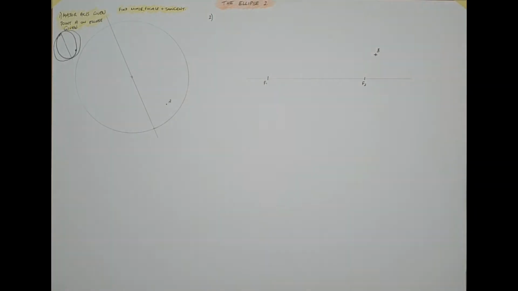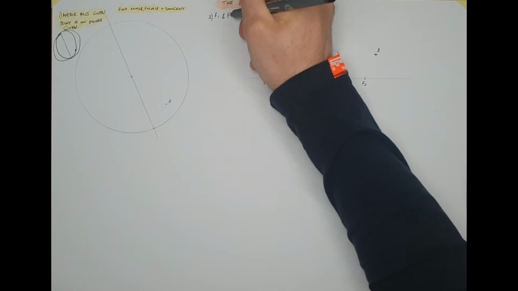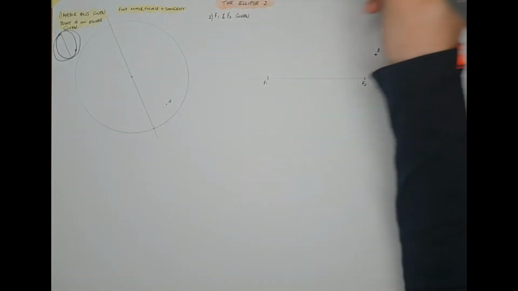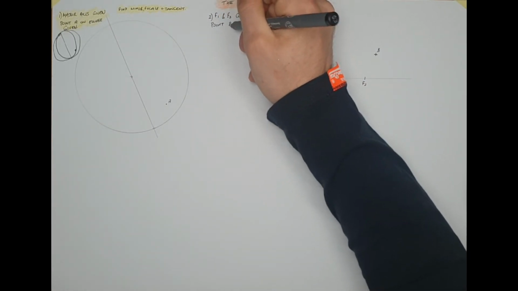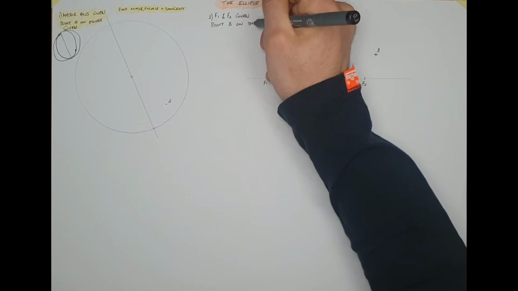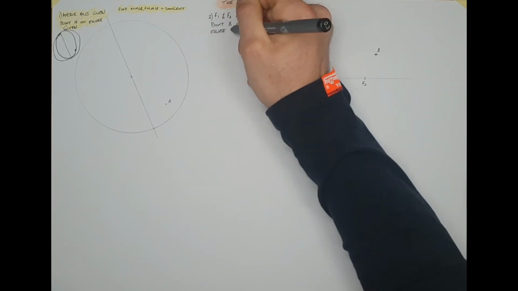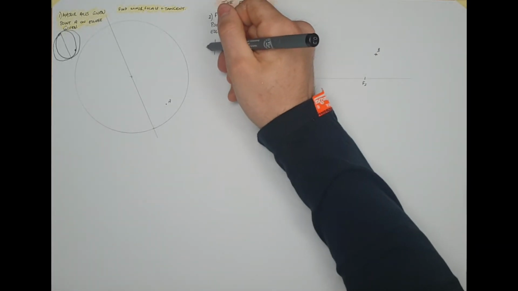Question 2. F1 and F2 given. Point B on the ellipse is given. And what type of a curve is it?